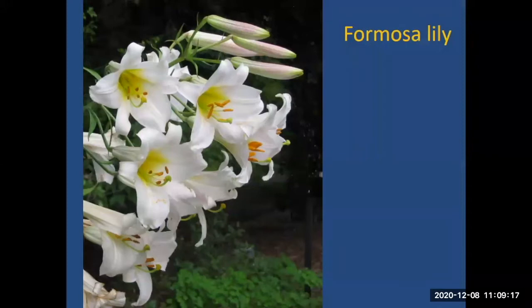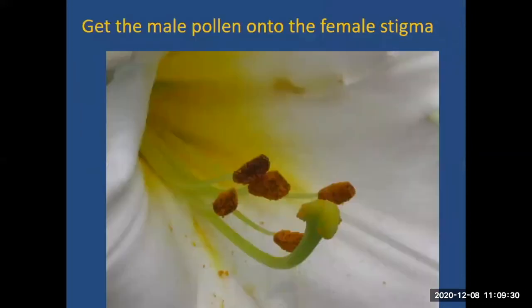Here you can see that taking place on this large Formosa lily, where the white petals attract pollinators, in this case moths, and the stamens. Here's the close-up of the flower with the male stamens producing pollen and the female stigma that receives the pollen.